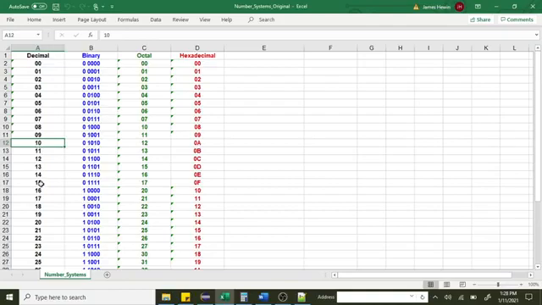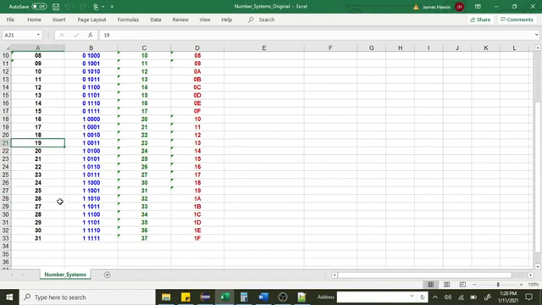We count from 10 up to 19. At 9, I'm out of numbers, so I roll back over to 0, and then I increment my next column. Okay? And then when I get to 29, I roll over back to 0 here and increment from 2 to 3, and it just keeps going on and on like that. So that's how basic counting works.